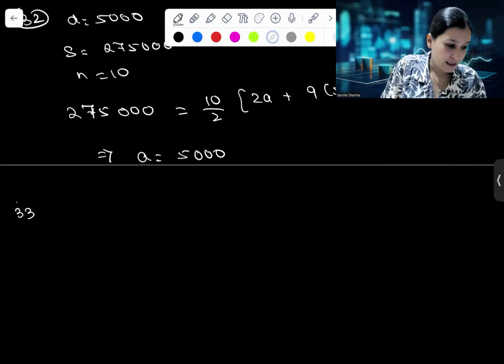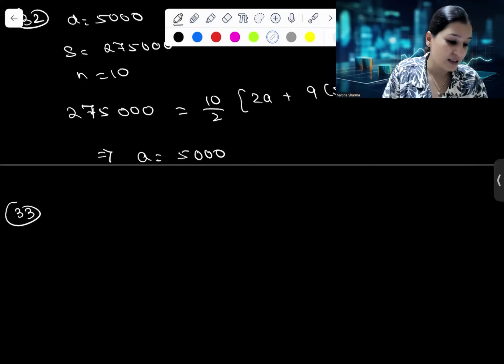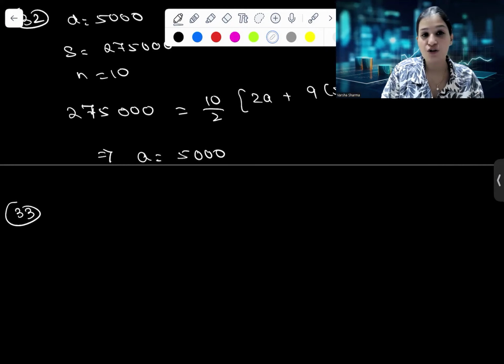Question 33. An NGO wants to invest rupees 3 lakh in a bond which pays 5% annual interest first year, 6% second year, 7% third year, and so on. The interest received per year is to be utilized for the education of poor people. If the investment is done for 10 years, what is the total interest received? So here, instead of the amount, the AP is formed for interest.